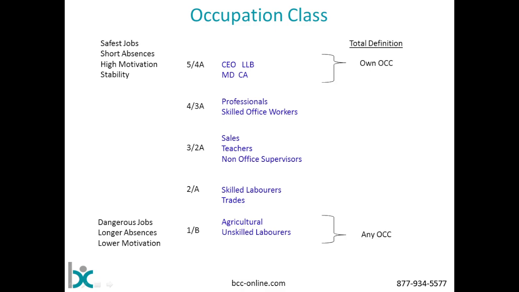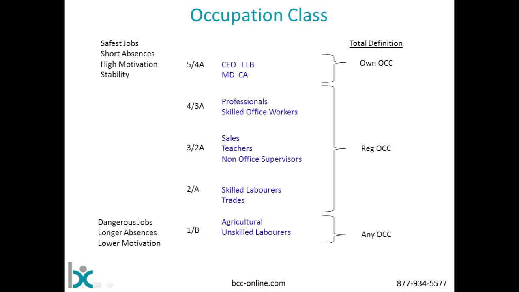Now, you're probably asking, well, what about these folks in the middle, our 2s, 3s, and our 4s? And chances are most of the folks watching this video fall somewhere into those categories. So, these folks have access to what we call the regular occupation definition of disability.